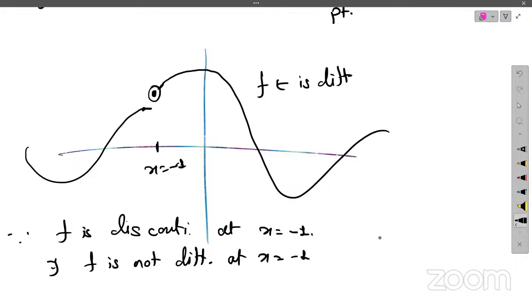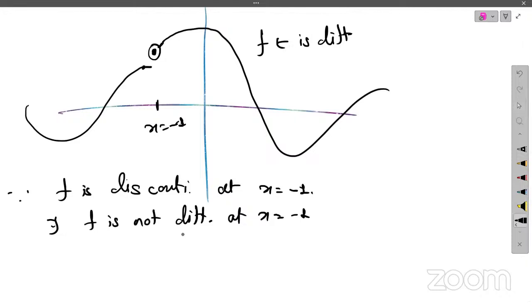So by the critical points definition, we can say that x equal to -1 is a critical point. Because in critical points, we are gathering two types of points. The first type is where the function is not differentiable, and the second type is where the function is differentiable, but the derivative is 0. So is that clear why x equal to -1 is a critical point?